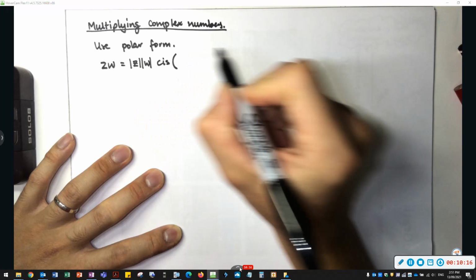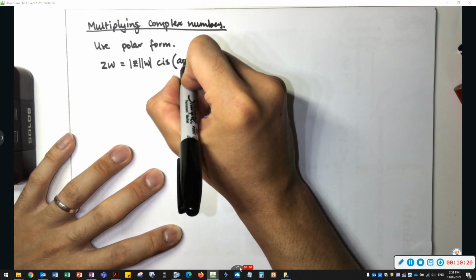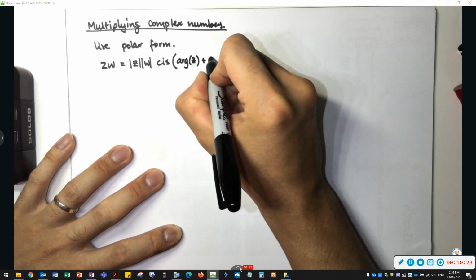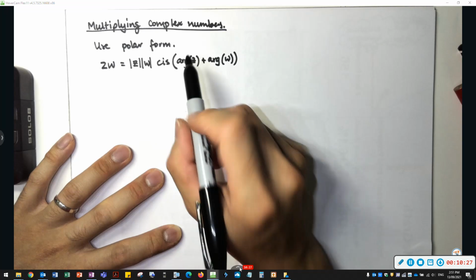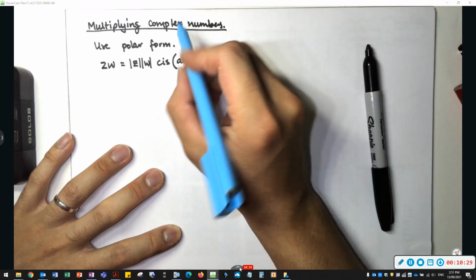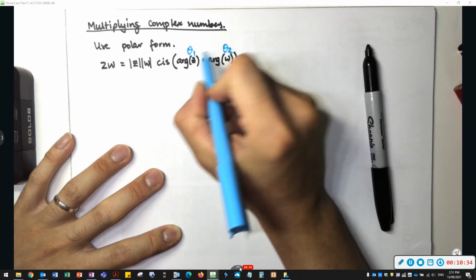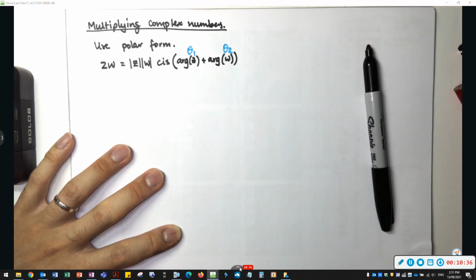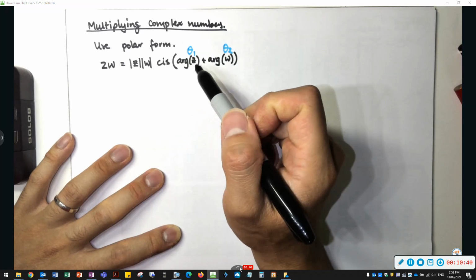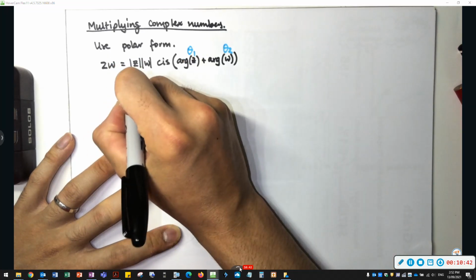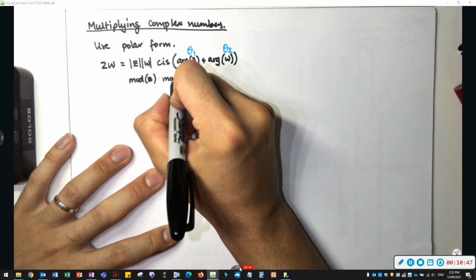Cis, and then it's the argument of z plus the argument of w. Okay, so before we used the symbol theta, so you could call it theta 1 and theta 2. Sometimes I like to write the actual letters ARG to represent argument. Okay, and you can also write the modulus of z as mod z and then mod w.